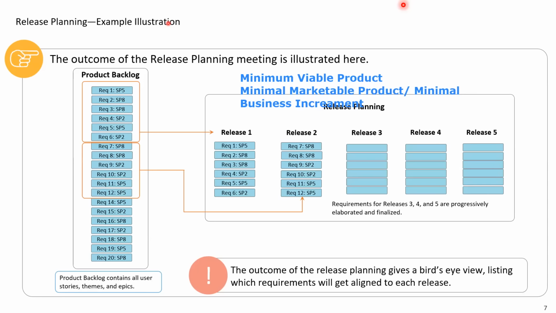Pankaj, in that case, suppose a company is going into a product which is very new to them. In that case, the MVP and minimum marketable product steps are followed.